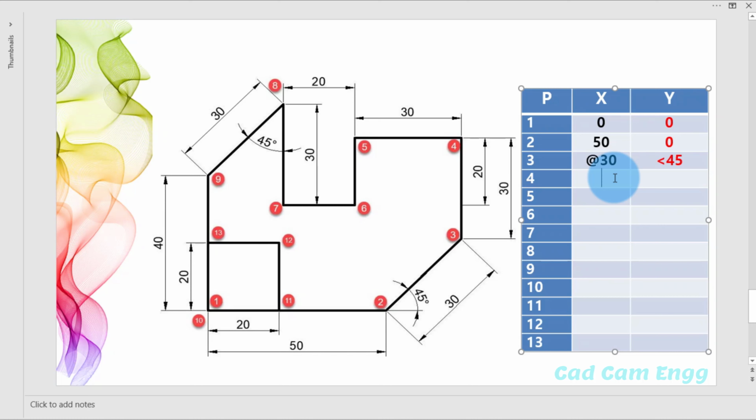Now I give @, I know the height is 30, then the less than symbol, and the angle is 90. Next, point number 5. So I give @, the distance 30, then the angle value is 180.